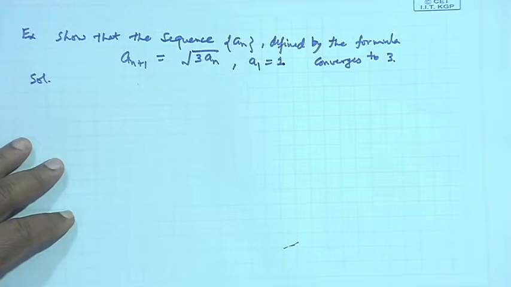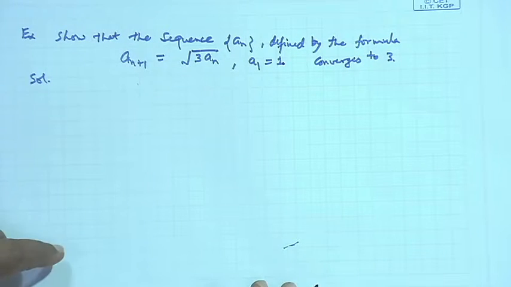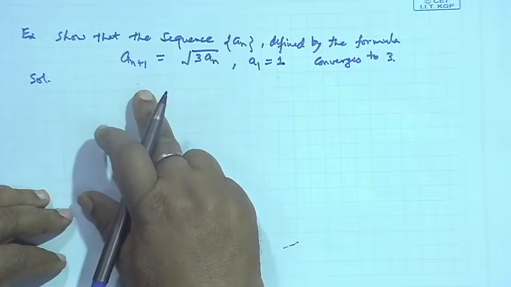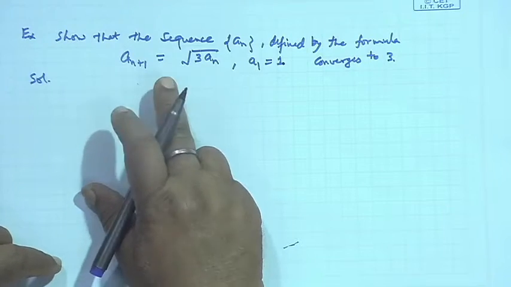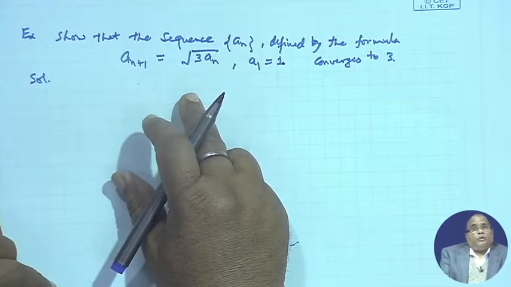Now, here we will use mathematical induction first to show that this sequence An is a monotonically increasing sequence, and then we will also show it is a bounded sequence.